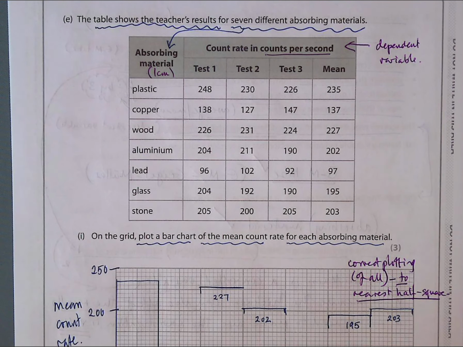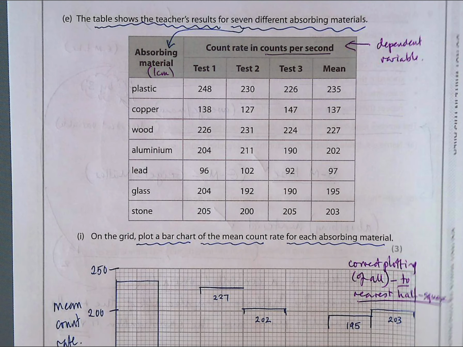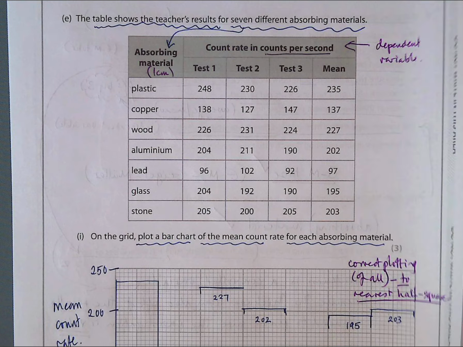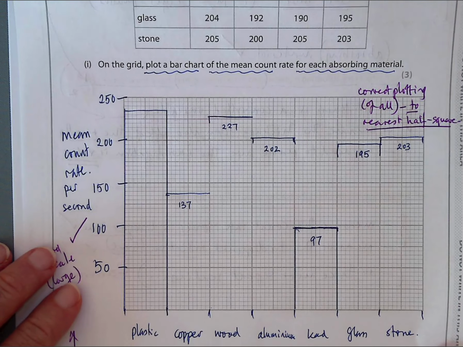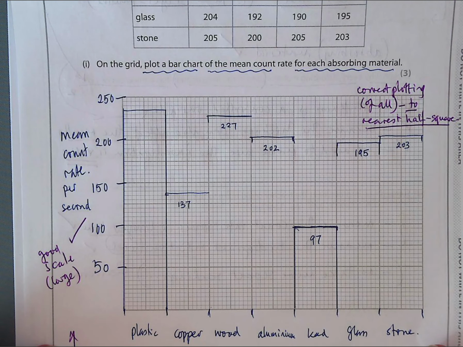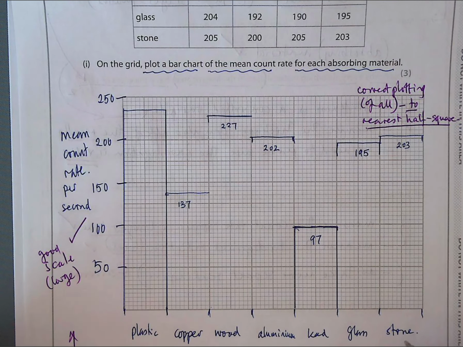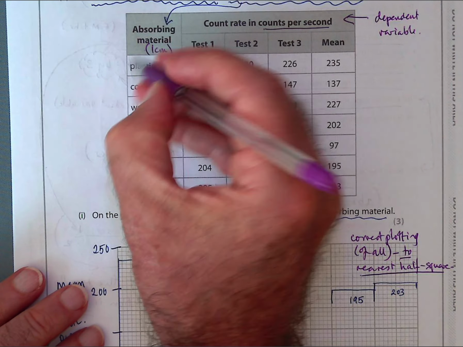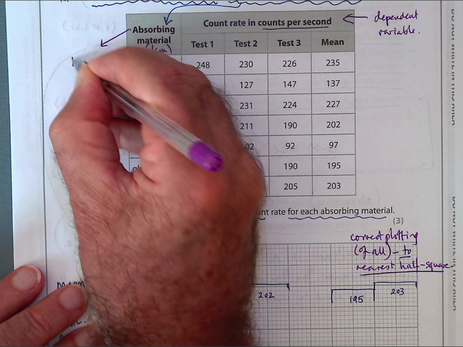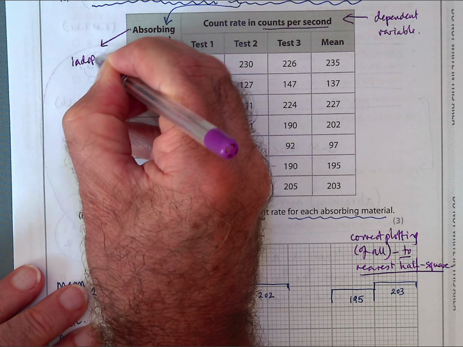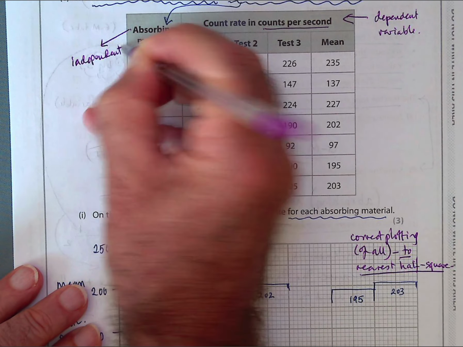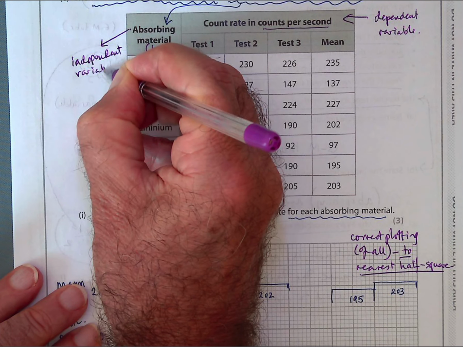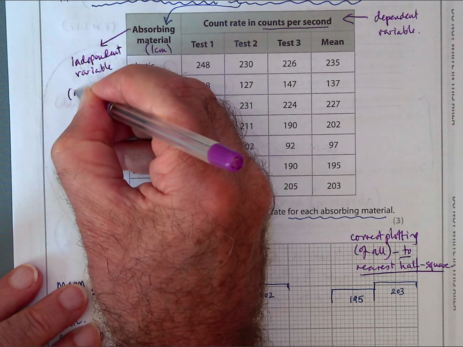So you've done it for all those materials: plastic, copper, wood, aluminium, lead, glass, and stone. Okay, so this is annoying for a teacher to have to plot this bar chart. A bar chart is plotted because the independent variable, yeah, is a discrete variable. It's not continuous.